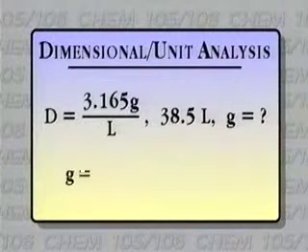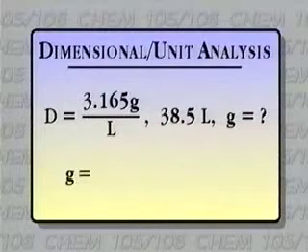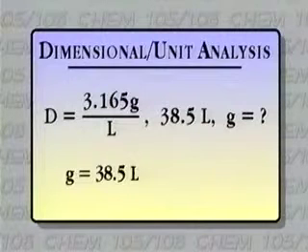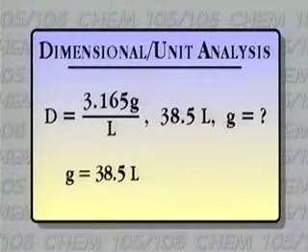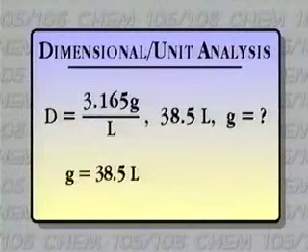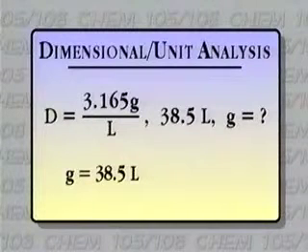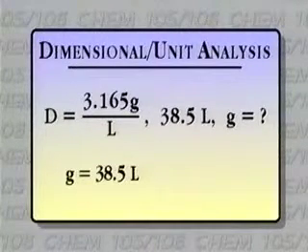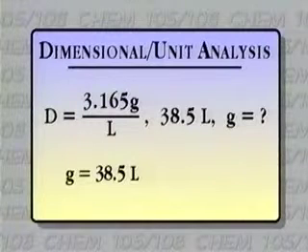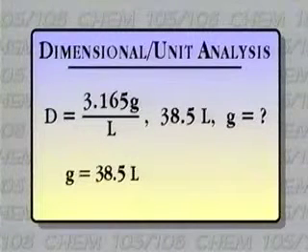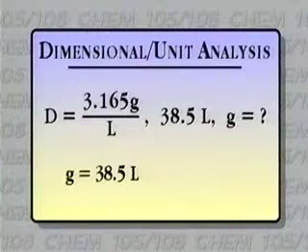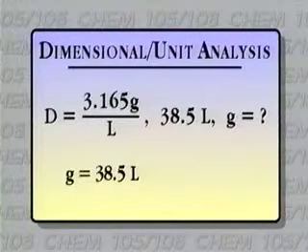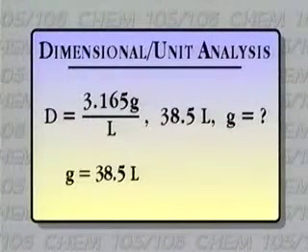Our measured quantity is 38.5 liters. Question is, how are we going to change? What conversion factor can we find that allows us to change then from liters to mass? And of course, if we look, we see that we do have a mass to volume relationship in the density.